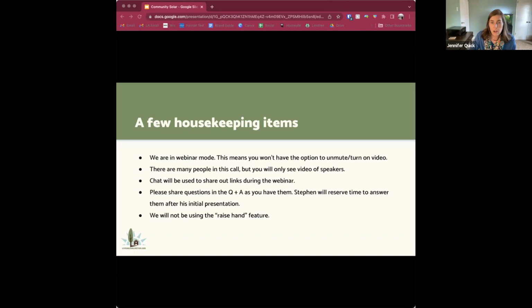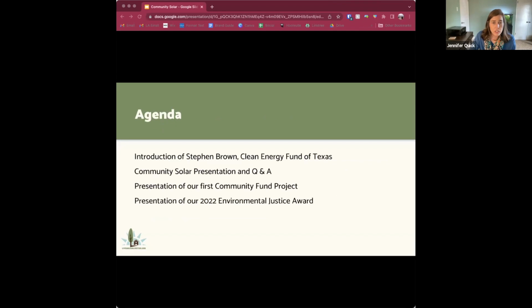So let's look at our agenda. We're going to start off introducing today's speaker, Stephen Brown with the Clean Energy Fund of Texas. Then Stephen will do his presentation, which, I've already peeked at it, looks really exciting and informative. That will be followed by a Q&A. Following Stephen's presentation and Q&A, we're going to present the first recipient of our community fund project, some work that we've done locally here in Arlington.